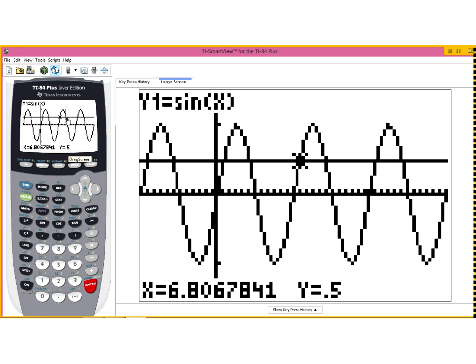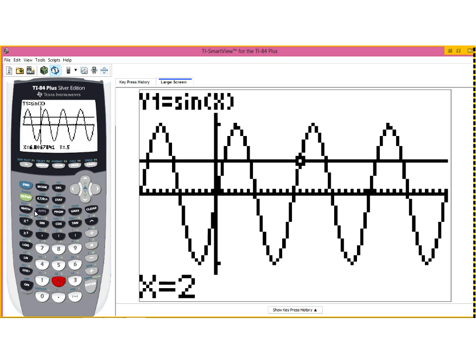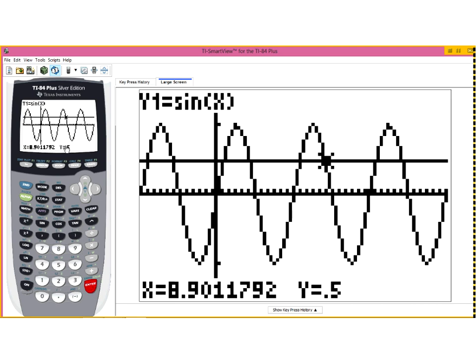Well, I wonder what this next one is. It's probably 2 pi plus 5 pi over 6. So let's see if our guess is correct. So 2 pi plus 5 pi over 6, and we get 1/2 again. So we got 2 more right here. I wonder where those are.